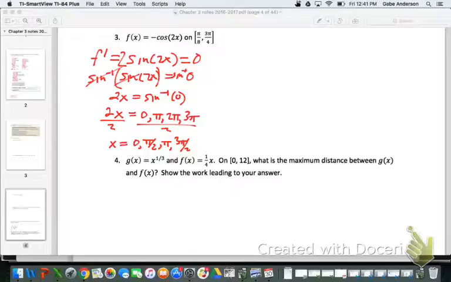Yeah, because pi over 2 is 1/2 pi, so that would be slightly less than 3/4 pi, but bigger than 1/8 pi, right? But 0 is too low. Pi and 3 pi over 2 are too high. So from a critical number perspective, we would ignore those, and we'd only use pi over 2, because that's the only one that actually fits in our domain.